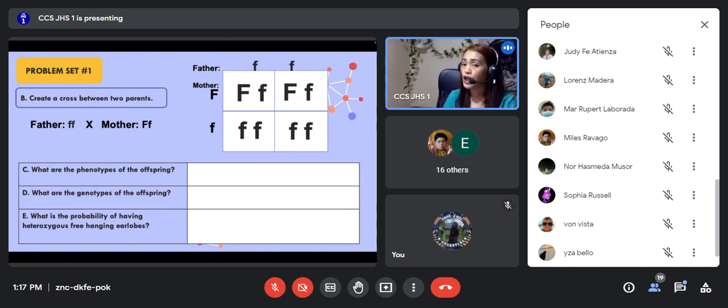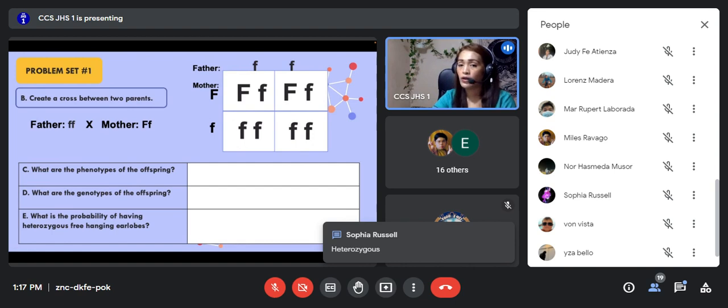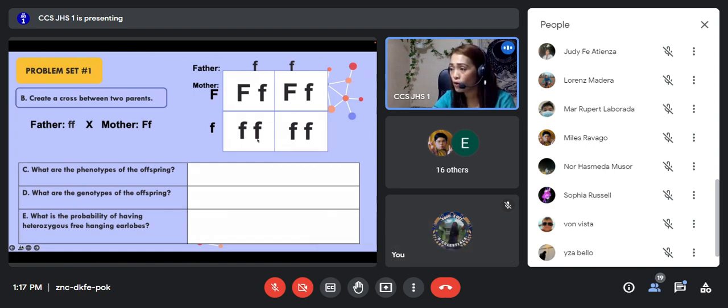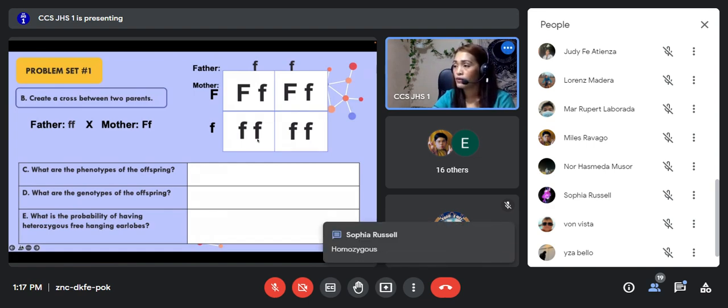So what are the genotypes? How do you describe capital F, small f? Homo or hetero? Okay, hetero. How about if you have a small f, small f? Is it homo or hetero? Okay, homozygous.